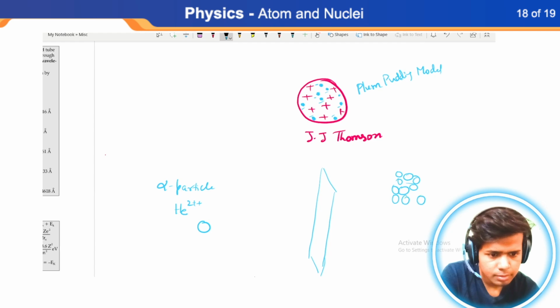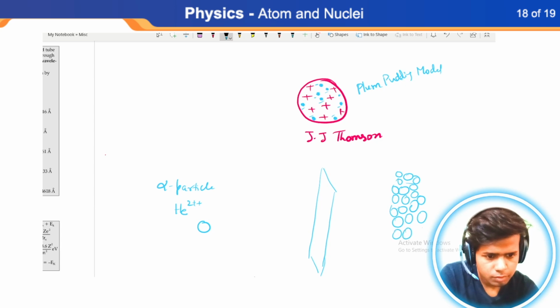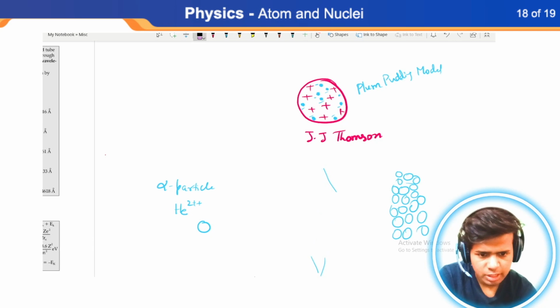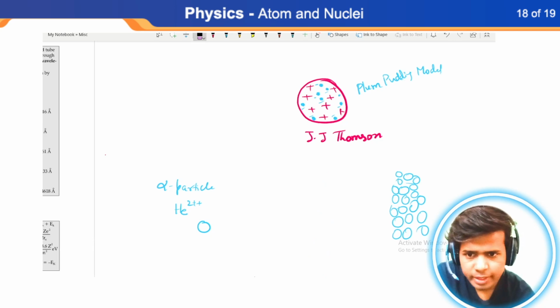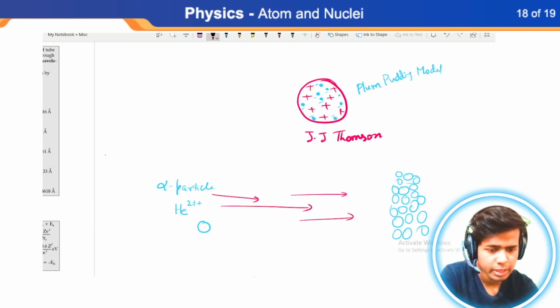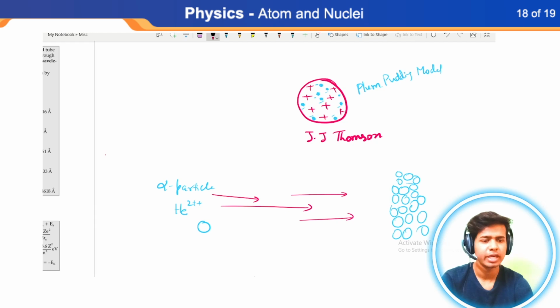So, this could be one representation of Rutherford's experiment. Now what he did was, he fired alpha particles into the gold foil, very thin foil, such that the thickness has only a few atoms.